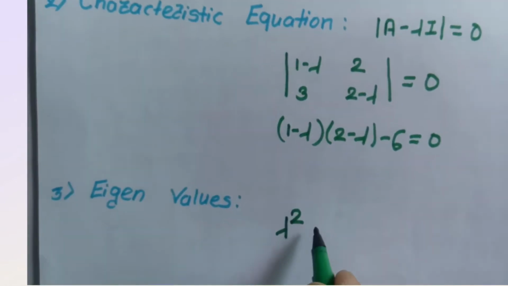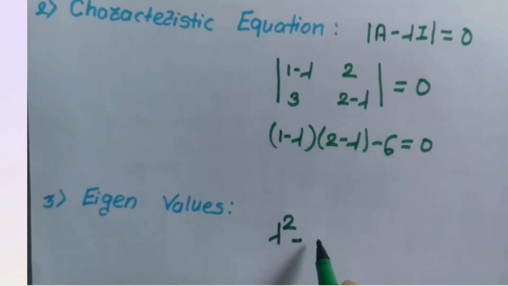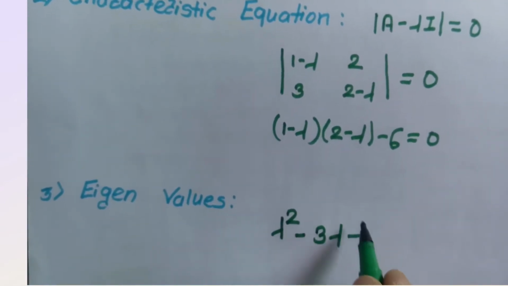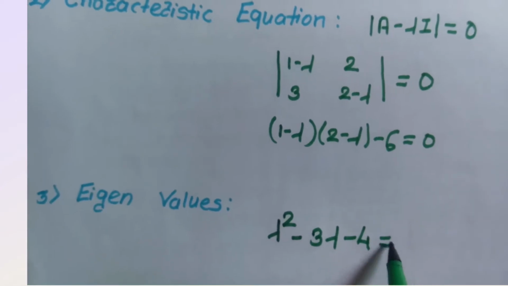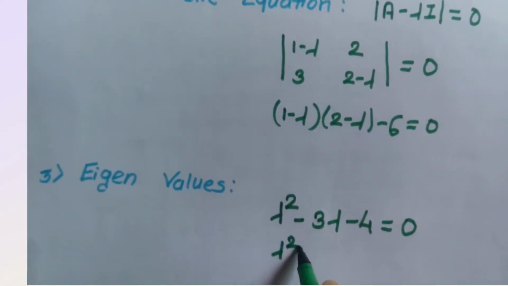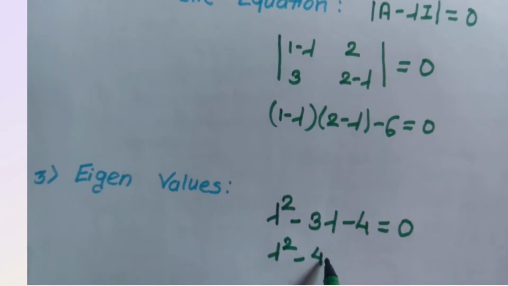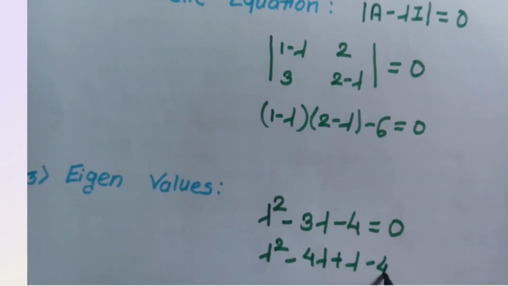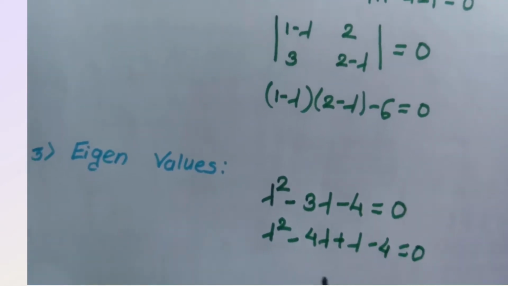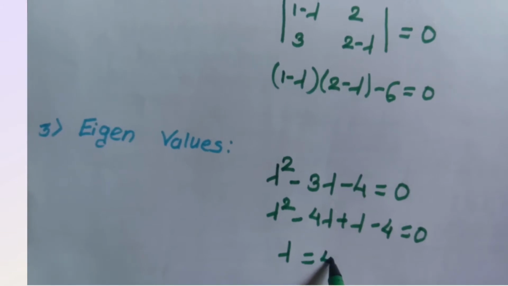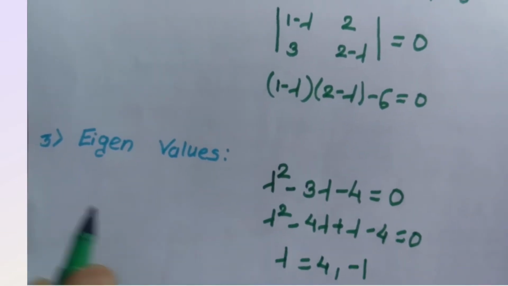Solving this equation, we get lambda square minus 3 lambda minus 4 equals 0. If we factorize, we get lambda square minus 4 lambda plus lambda minus 4 equals 0. Therefore, the roots of our equation are plus 4 and minus 1.